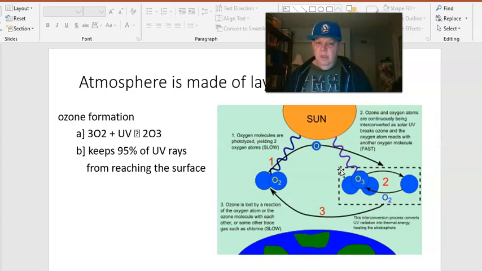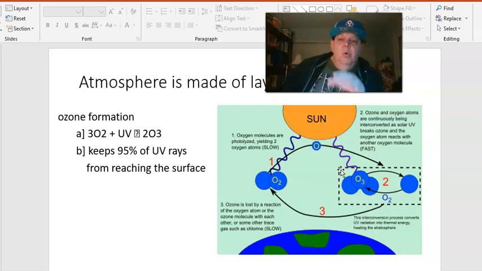So, ozone formation. The ozone is a very important thing. The fact is that 95% of the UV rays are not reaching the surface because the ozone layer absorbs most of the UV rays. Why would that be important? Well, we need to understand what ultraviolet radiation is.